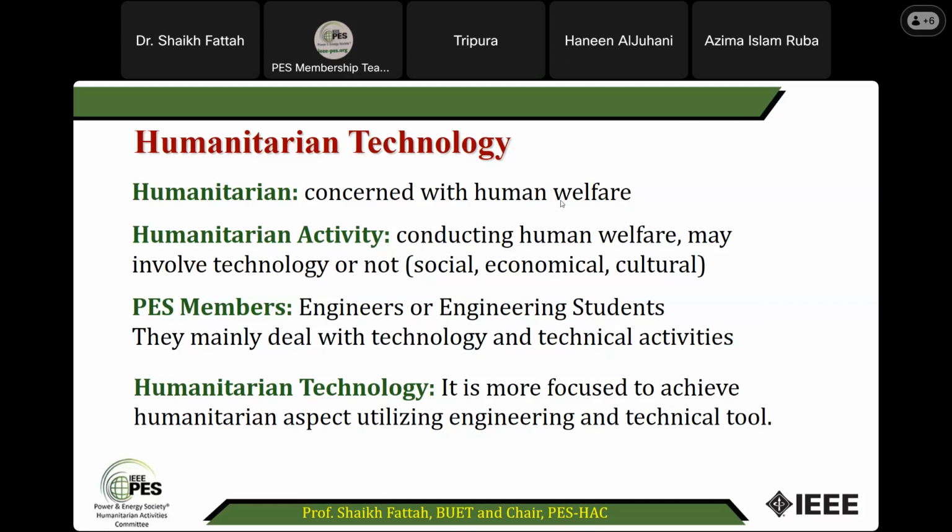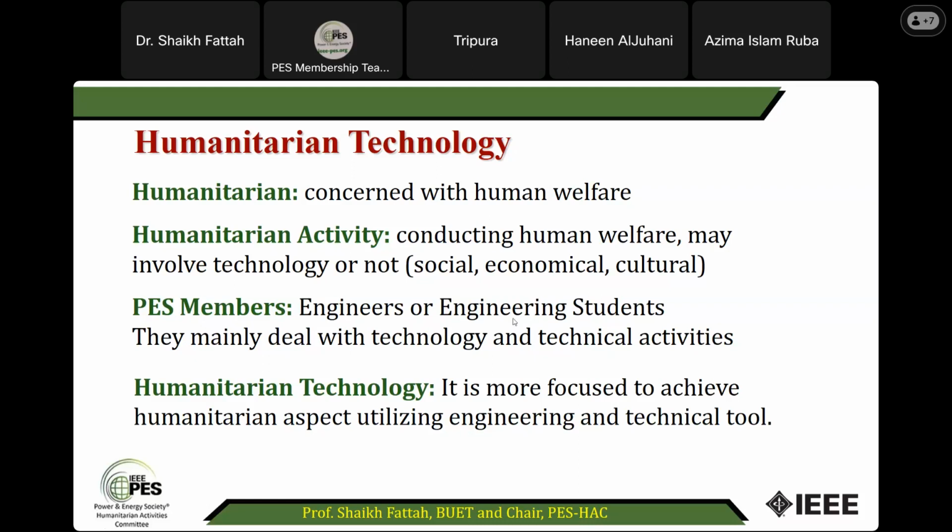Especially when we are talking about PES humanitarian activity, that means technology within the area of the Power and Energy Society. That's the boundary I should first draw. When you are applying for a humanitarian activity based project, you need solid humanitarian grounds for the project, as well as some technology that makes your project different from regular humanitarian activities, and we prefer Power and Energy Society technology.